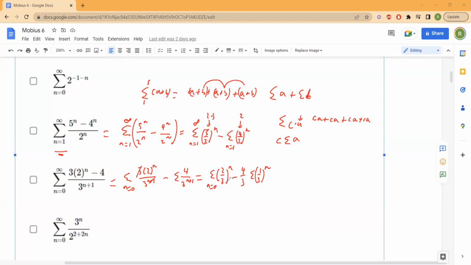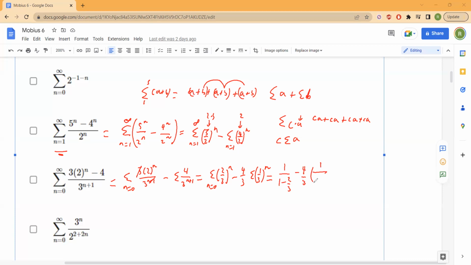So then we have our geometric series, and we can calculate their sums of convergence like we did before. If n equals 0, then our first term over here is 1, and our ratio is 2/3, so it's going to be 1 over 1 minus 2/3, minus 4/3 times, over here our first term is 1 again because n is equal to 0. So 1/3 to the power of 0 is 1.